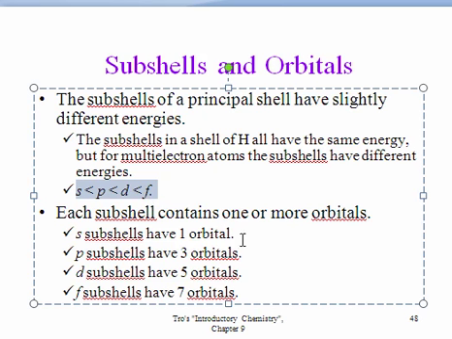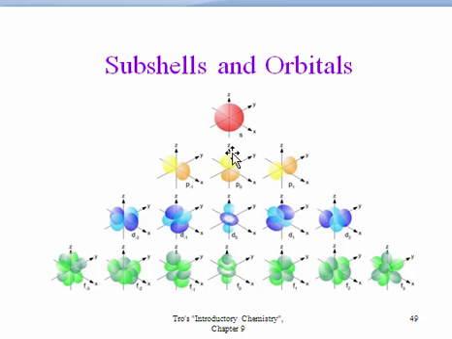And as we saw in our other representation, the s subshells always have one orbital, p subshells always have 3 orbitals, d subshells always have 5 orbitals, and the f subshells always have 7 orbitals. And again, here's that graphic: s subshell, p subshell, d subshell, f subshell. Within each subshell are orbitals: 1 orbital, 3 orbitals, 5 orbitals, 7 orbitals.